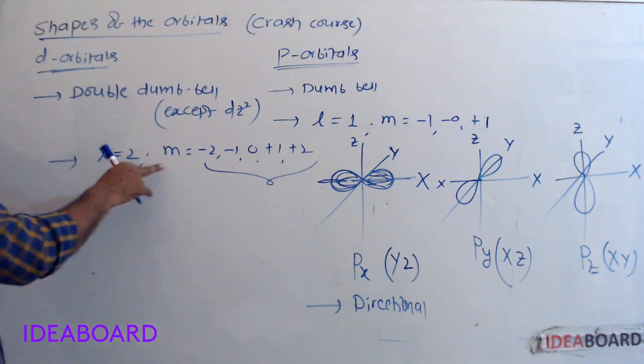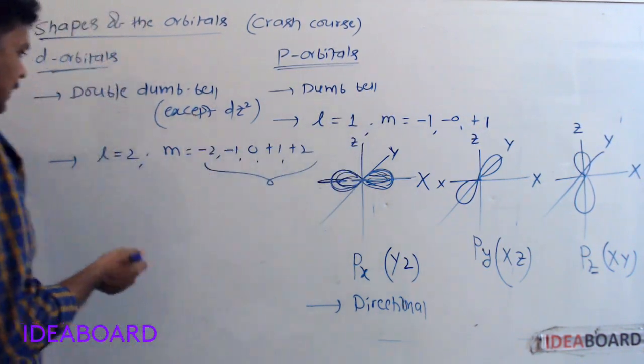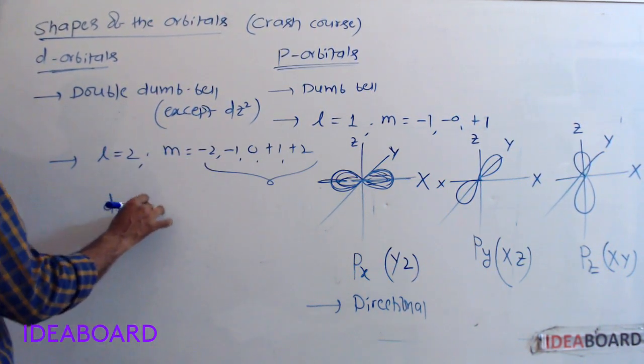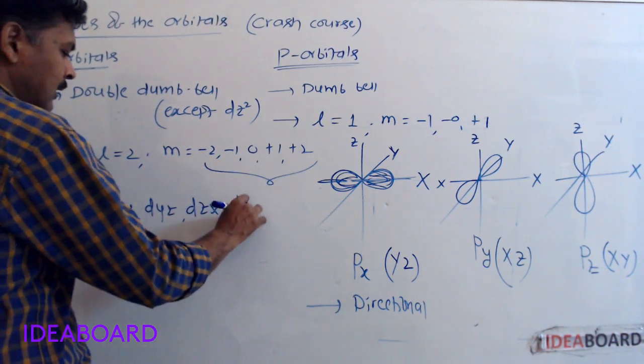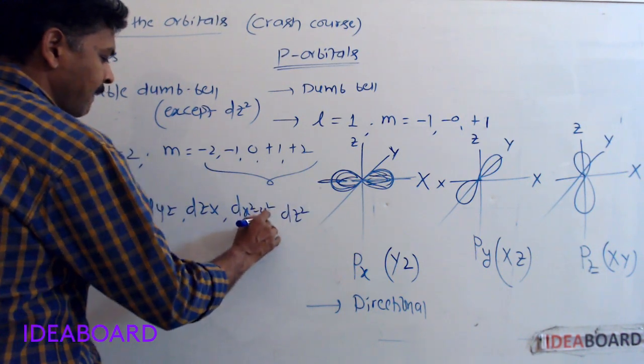For d orbitals, L value is 2. L value 2 means 5 m values are there. It indicates that this subshell contains 5 orbitals. They are dxy, dyz, dzx, dx square minus y square, and dz square.